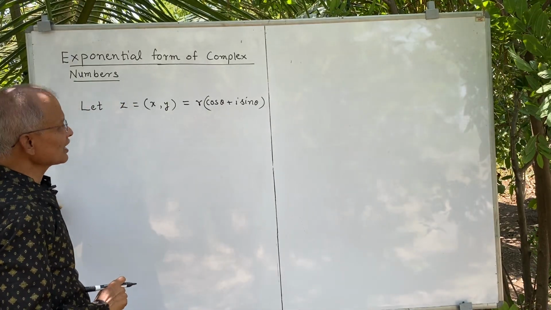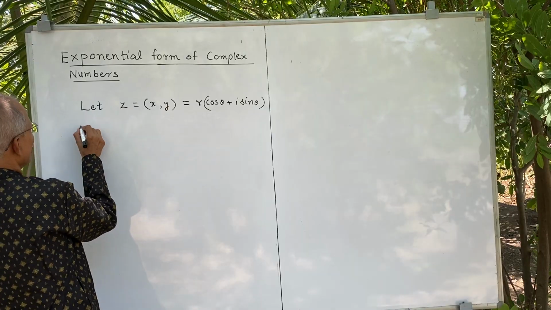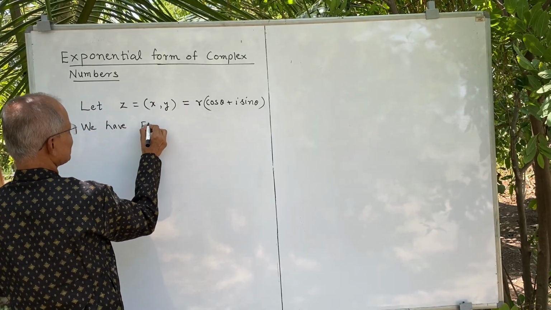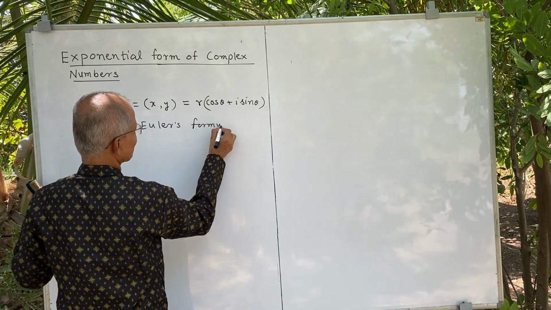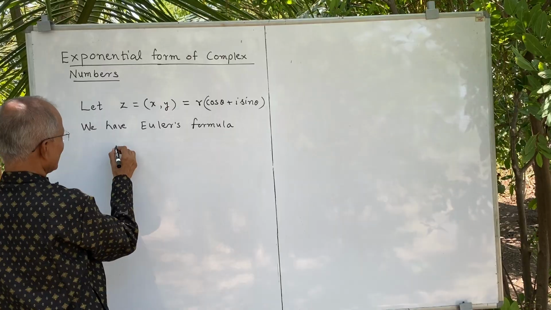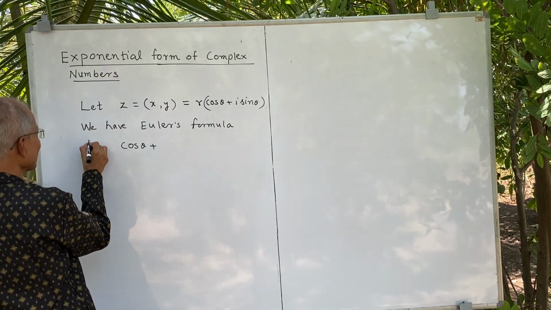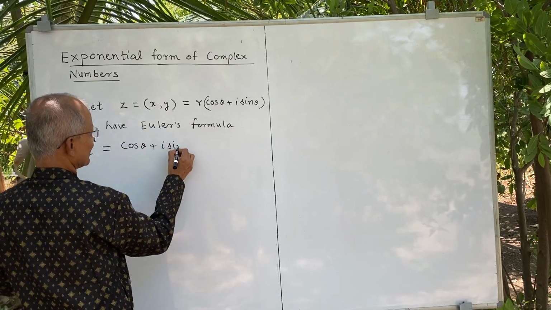Now we shall use Euler's formula to express this in exponential form. We have Euler's formula: e power i theta is equal to cos theta plus i sin theta.